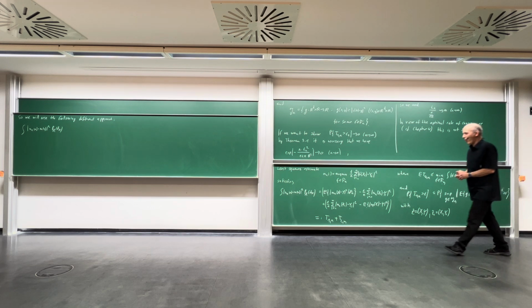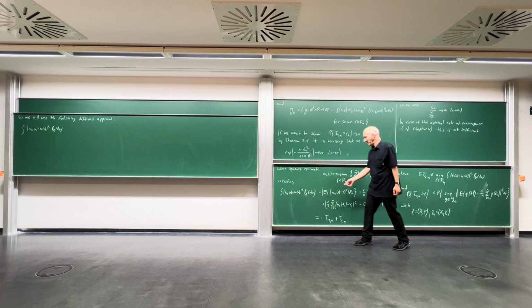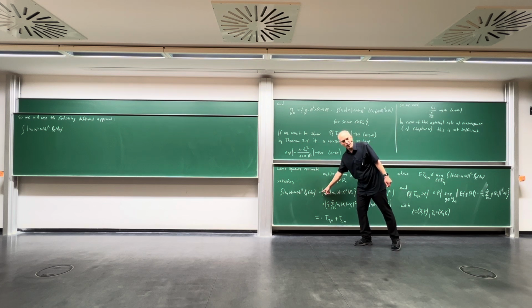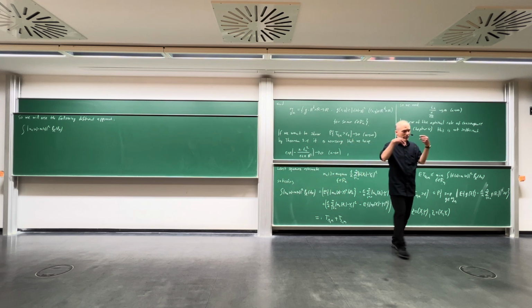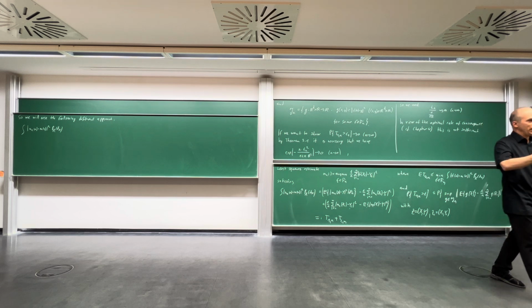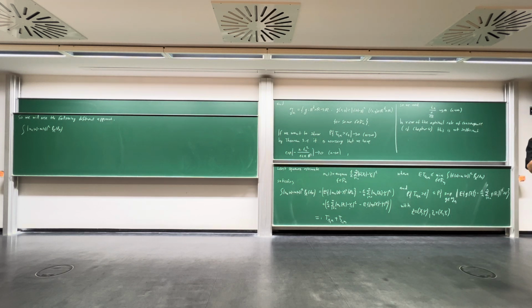Well, if you think about the central limit theorem, then if I multiply with square root of n, then I have square root of n times expectation minus sample average, which should converge to some normal distribution with expectation 0 and some variance. So this shouldn't go to 0 faster than 1 over square root of n.